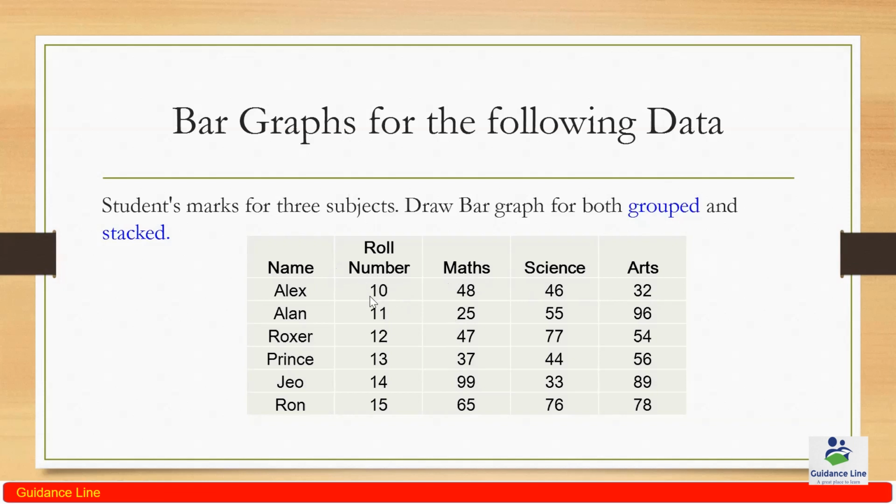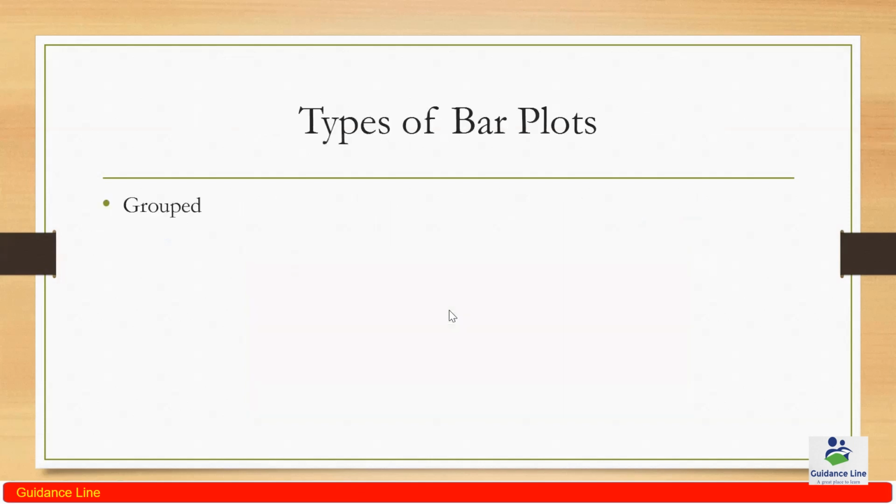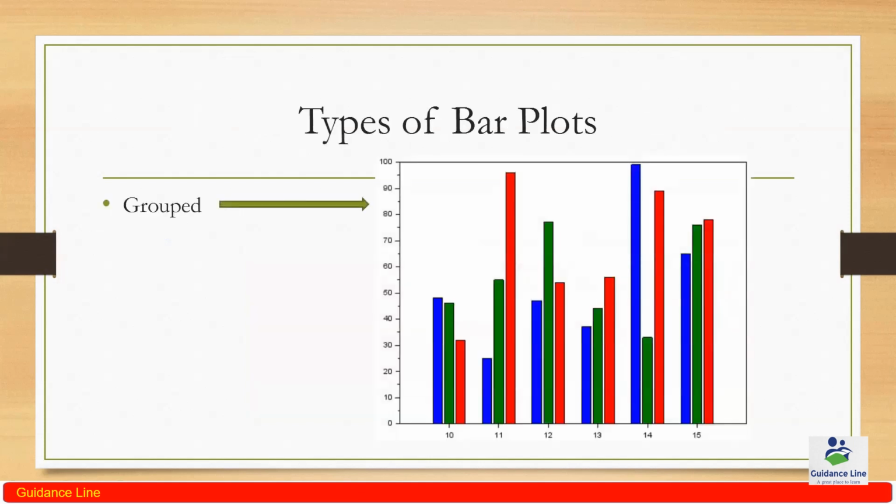However, in the stacked type we have a single bar, and that bar is divided according to the numbers. Suppose we have 96, which is way larger than 25, so the representation for 96 is very large, corresponding to the representation for mathematics. So these are the types of bar plot.